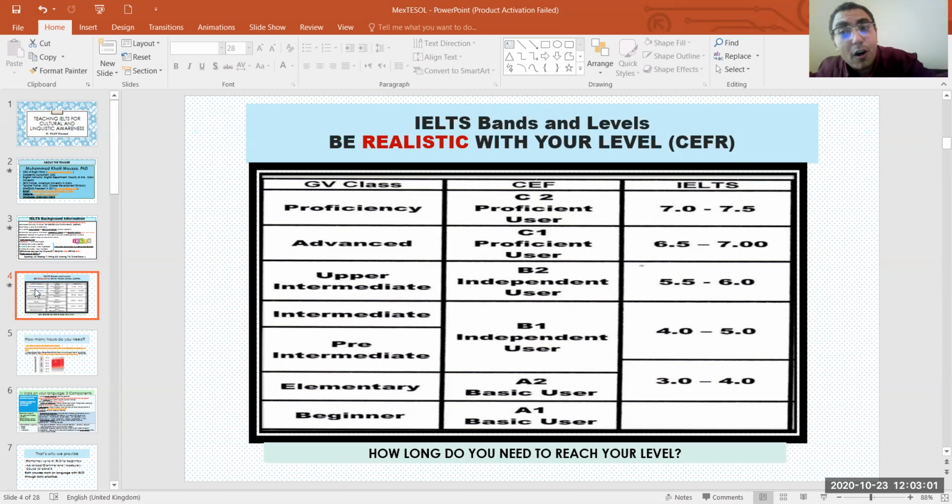The first feature of linguistic awareness is explaining how IELTS classifies the proficiency of language according to the Common European Framework of Reference, known as CEFR. So it's very important right from the beginning to inform the students that I'm going to do a placement test, and it's very important for you to know your level and your steps and your journey of learning a language, where you stand, where you aspire to reach.